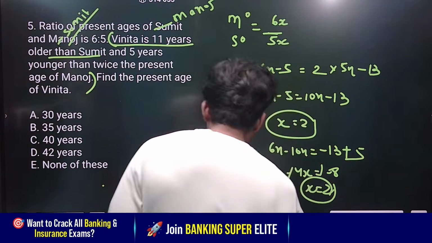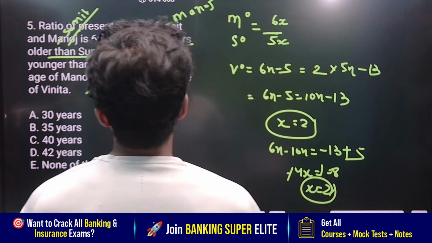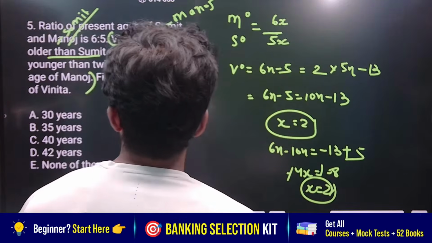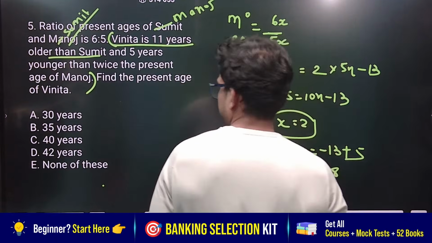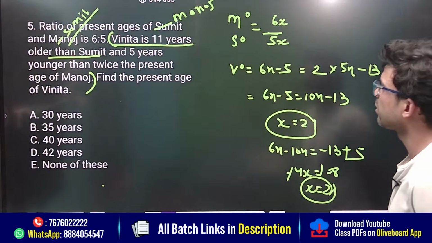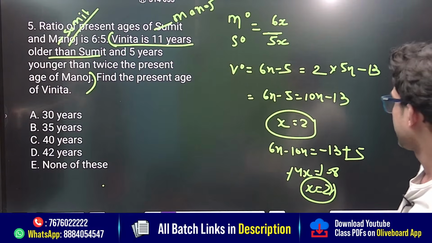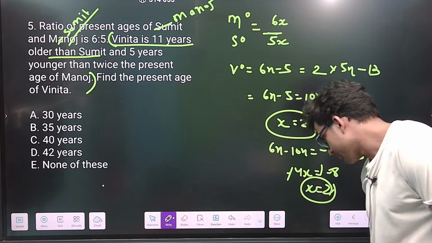Now, is it fine? If you got the value of x, is it fine now? But I think we are not getting the answers as of now. If the value of x is 2, then everything is fine in this question.